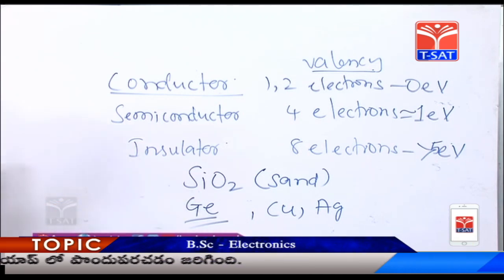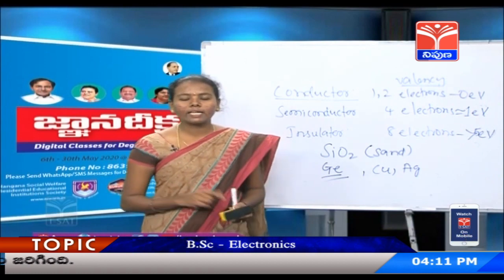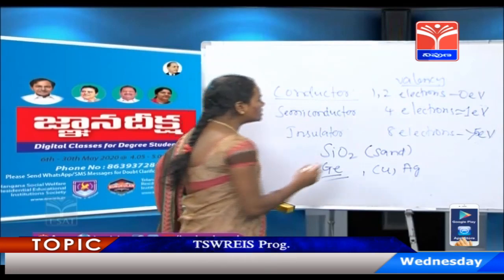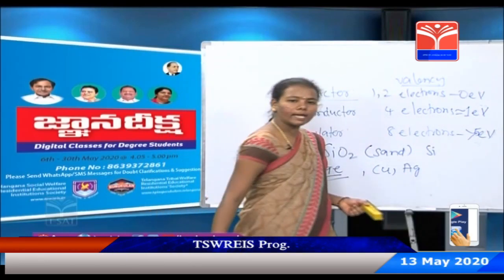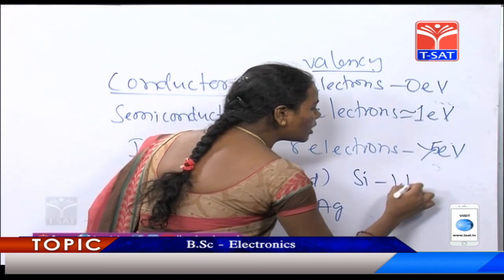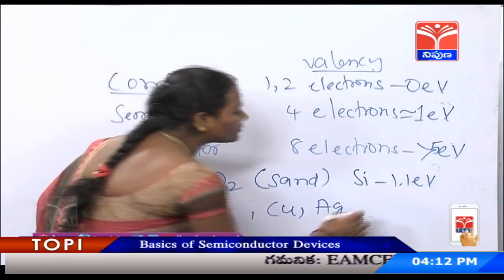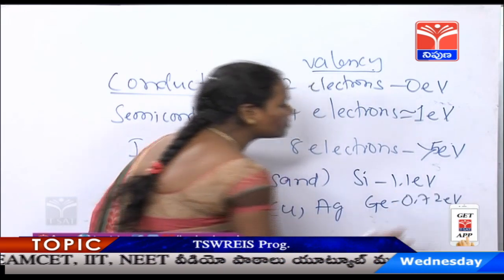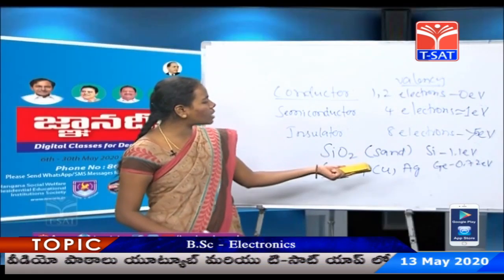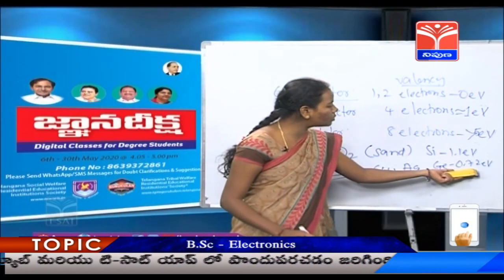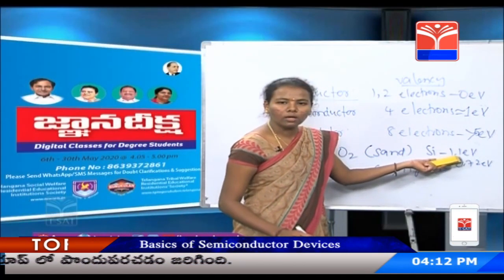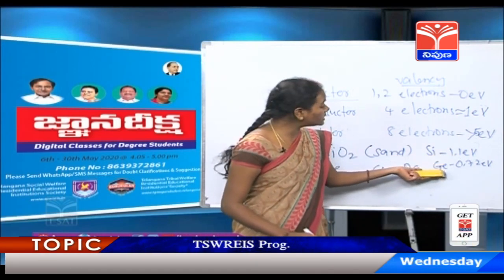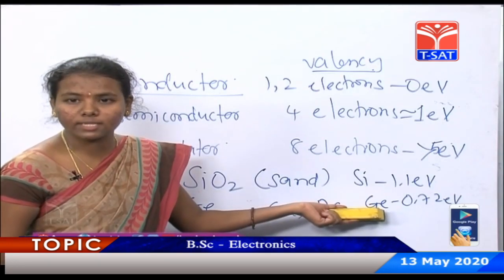One more property of silicon is that it is less temperature sensitive. The energy gap of silicon is 1.1 electron volts, whereas for germanium it is 0.72 electron volts. Although the energy gap of germanium is lesser than silicon, we use silicon the most because germanium is more temperature sensitive.